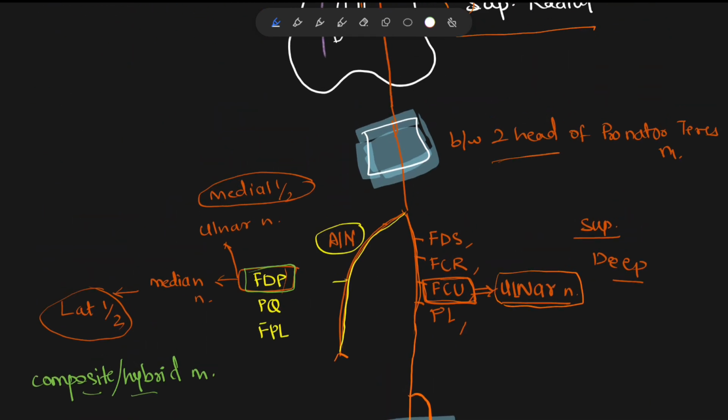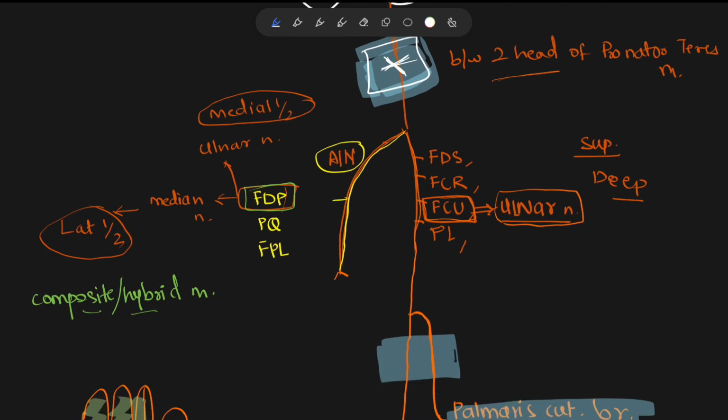Okay, at the level of pronator teres, if this is the injury place, all the muscles below this lesion will get paralyzed. There will be no flexion except what? Except we can see flexor digitorum profundus. Why?